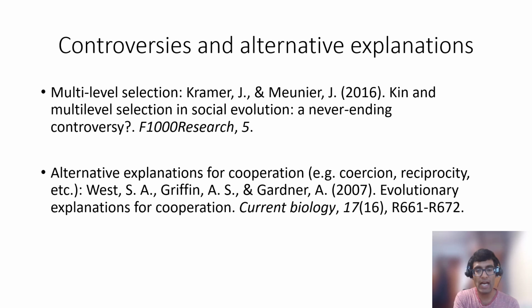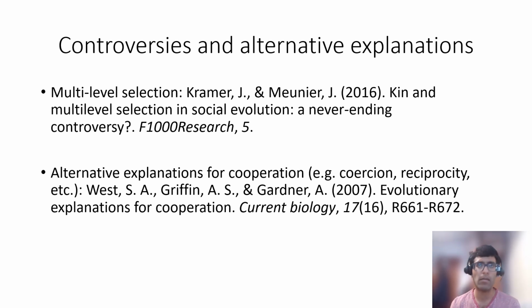And that we shouldn't be looking at evolution solely in the context of selection acting on genes, but we should think of selection acting on all of these different levels: genes, individuals, groups, and look at the ways in which those interact. There are a lot of proponents for multi-level selection theory.